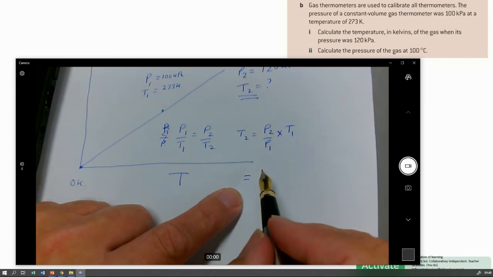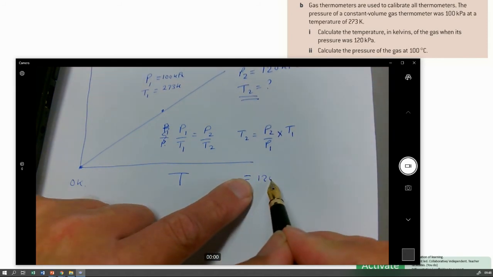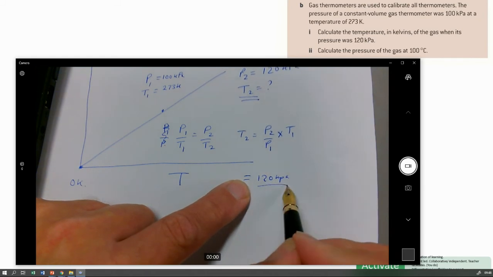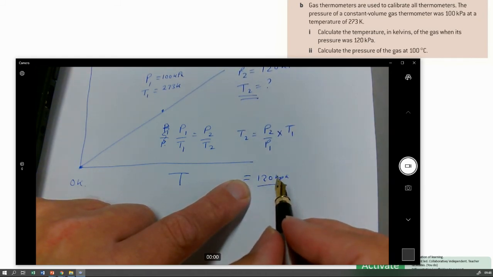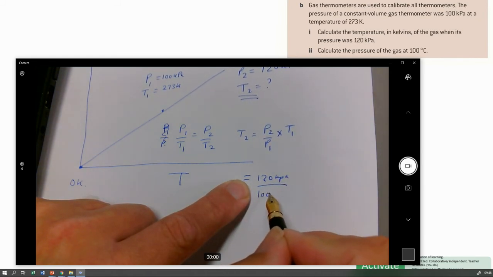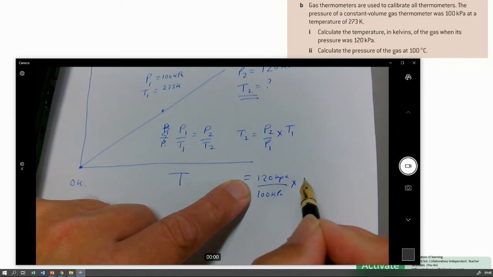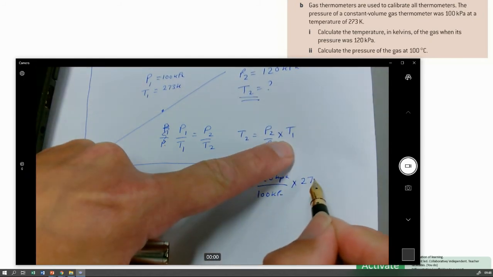Then we can actually calculate that. What's P2? P2 is 120 kilopascals divided by 100 kilopascals multiplied by 273.